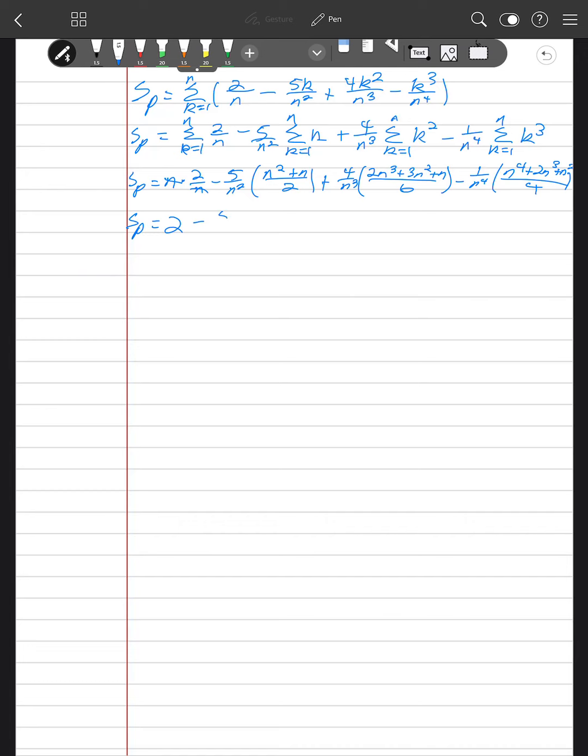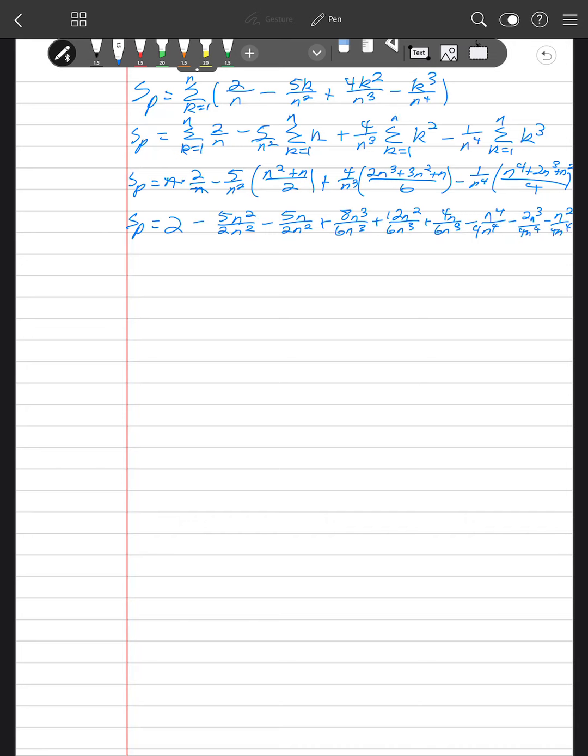So you get negative 5n squared over 2n squared minus 5n over 2n squared plus 8n cubed over 6n cubed plus 12n squared over 6n cubed plus 4n over 6n cubed minus n to the 4th over 4n to the 4th minus 2n cubed over 4n to the 4th minus n squared over 4n to the 4th.